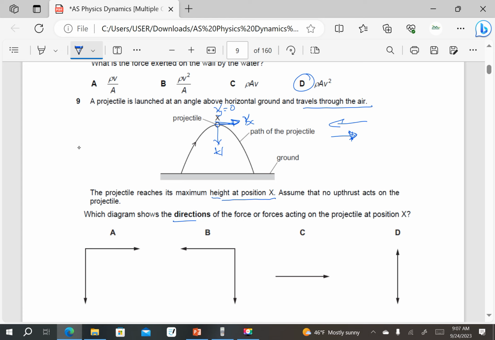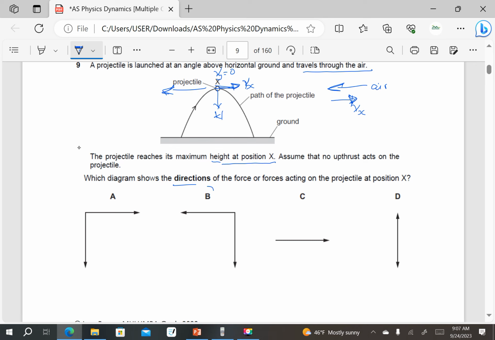So the air resistance must be acting to the left-hand side, because the velocity in the horizontal is to the right. The weight is acting vertically downwards. So it means our answer is going to be B.